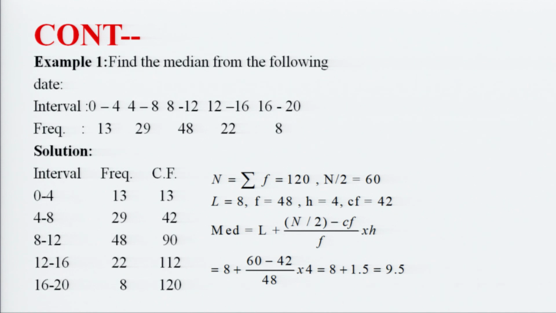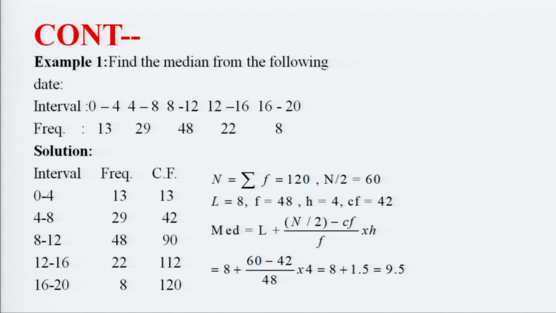The first column is the interval, frequency is in the second column, and cumulative frequency is in the third column. The corresponding frequencies are 13, 29, 48, 22, 8. Cumulative frequencies are 13, 42, 90, 112 and 120. The last cumulative frequency is the sum of frequencies.